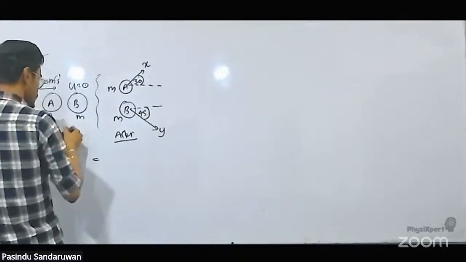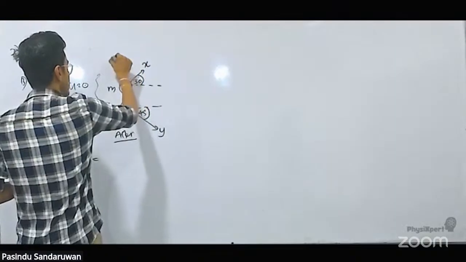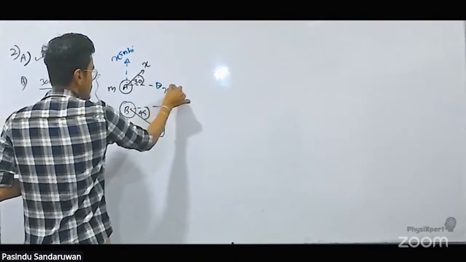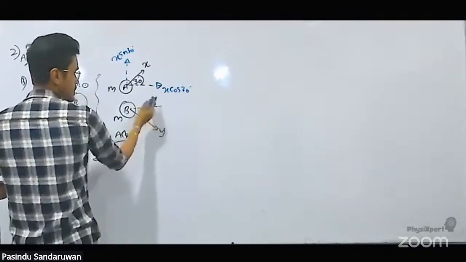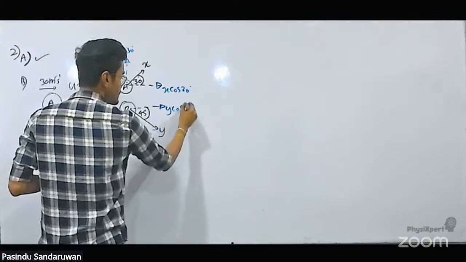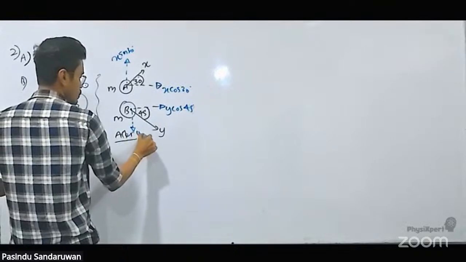Here components are coming in inclined directions: x sine 30 away from the line, x cos 30 towards the line, y cos 45 towards the line, and y sine 45 downwards.